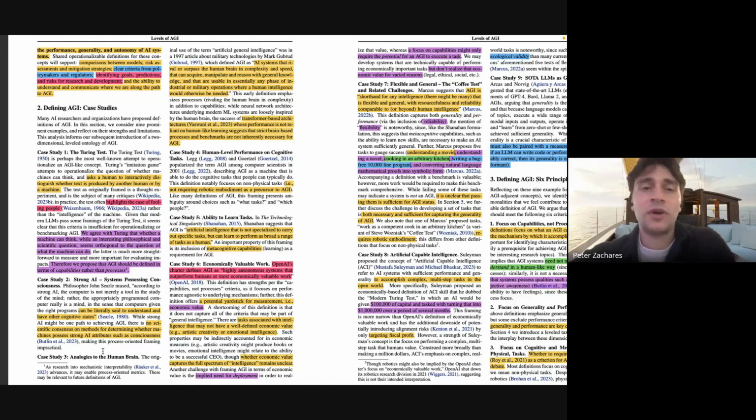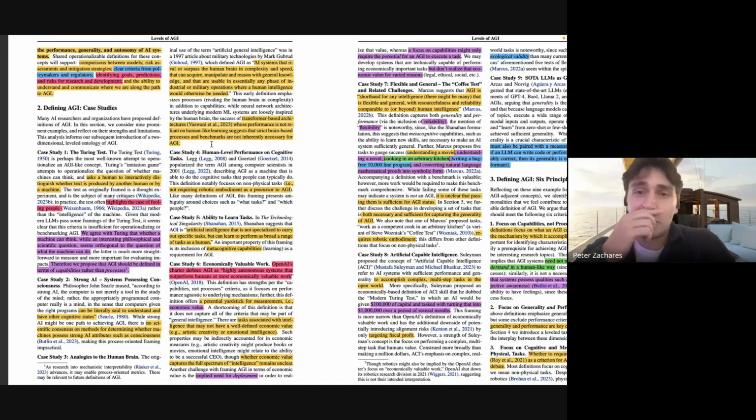But they even point out, which I highlighted here, while neural network architectures underlying modern ML systems are loosely inspired by the human brain, the success of transformer-based architectures, whose performance is not reliant on human-like learning, suggests that strict brain-based processes and benchmarks are not inherently necessary for AGI.